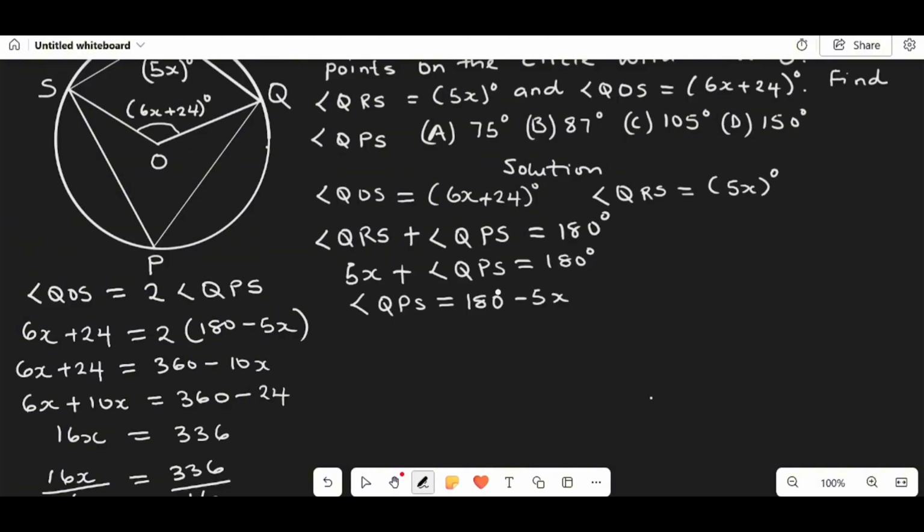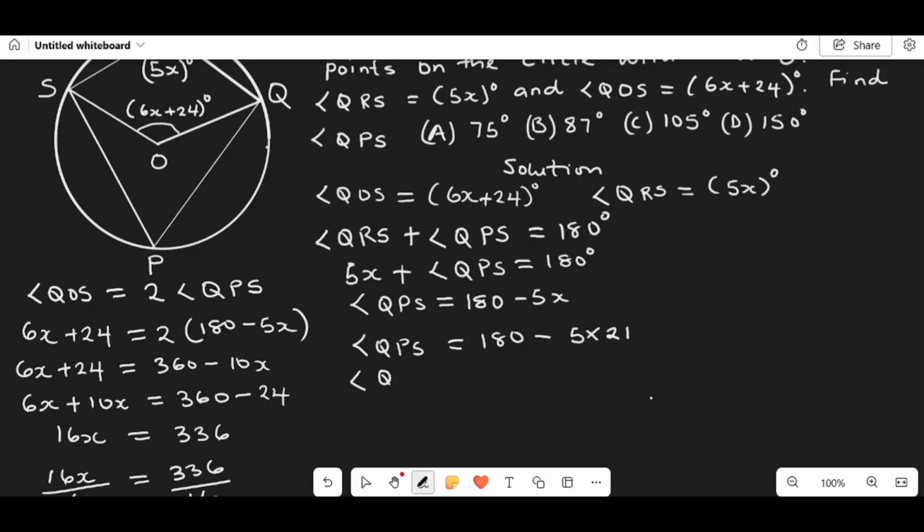21. Now, since we have determined the value of our x to be 21, let us substitute it into this equation to determine the angle QPX. So, angle QPX equal to 180 minus 5 times 21.